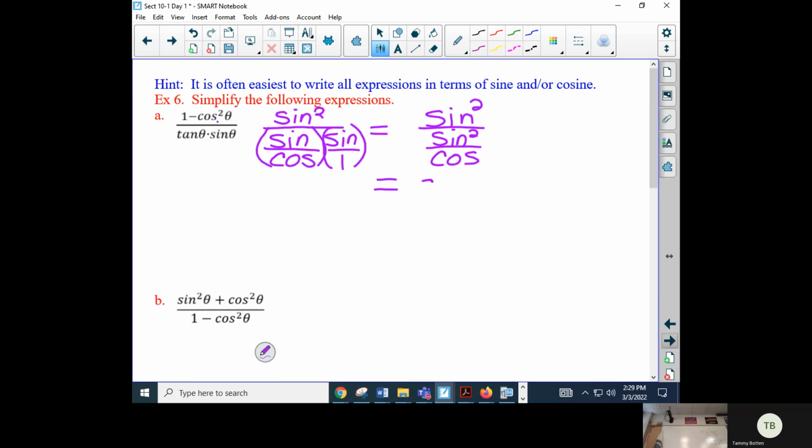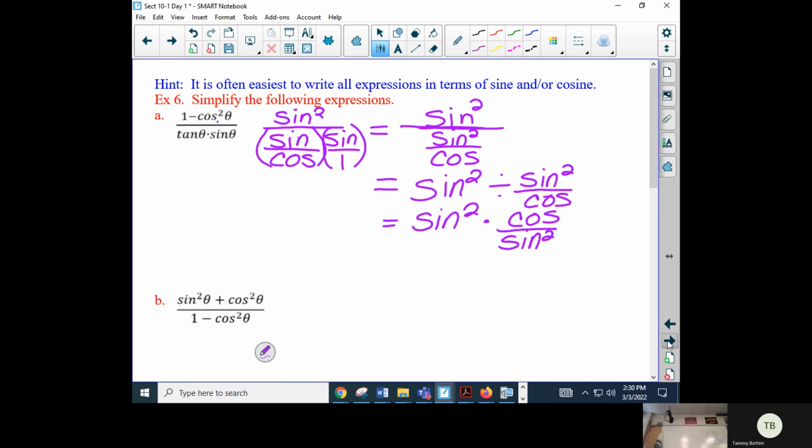So now that is sine squared divided by sine squared over cosine. And what do I do when I switch that division? I flip this, right? So it'd be cosine over sine squared.